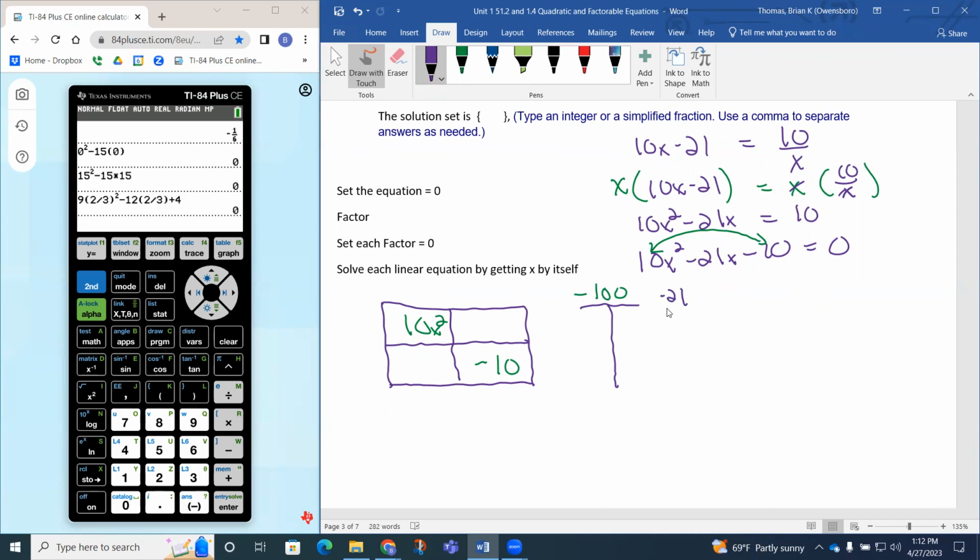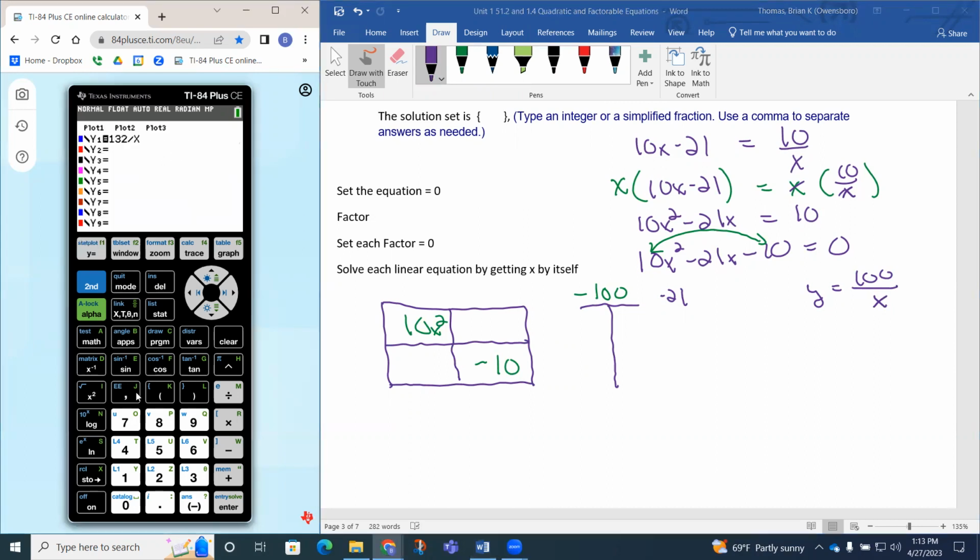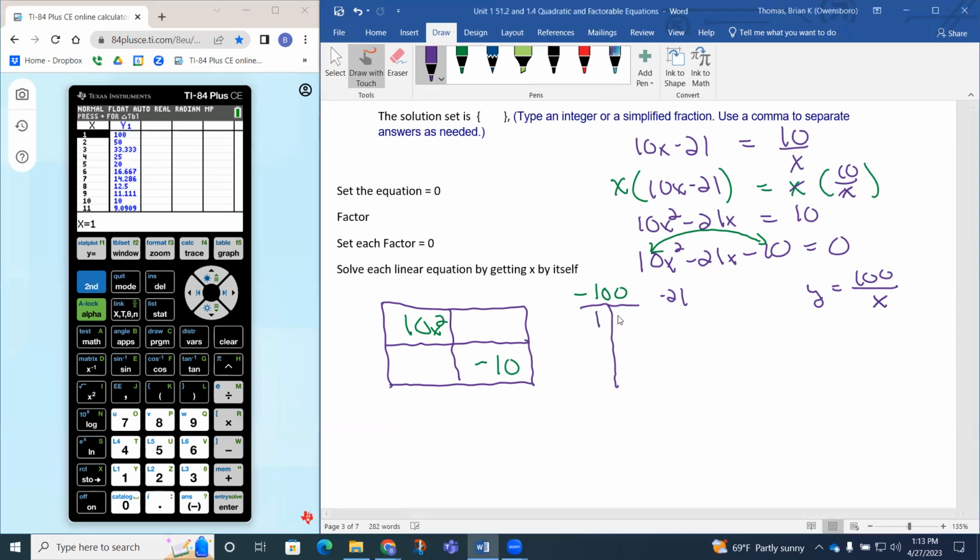If we need to use our calculator, we can type into the calculator y equals 100 over x, and it'll give me a list of factors for 100. So if we clear this off and type 100 divided by x, and then go to my table. 1 times 100 would be a factor pair. 2 times 50. 4 times 25.